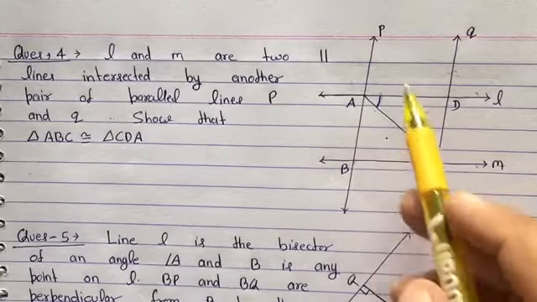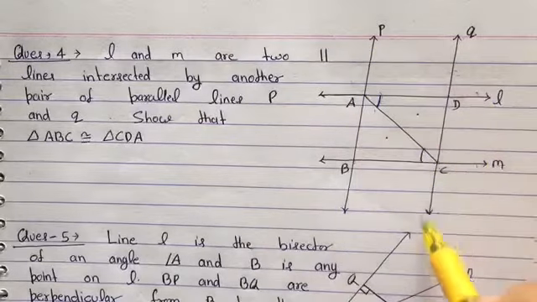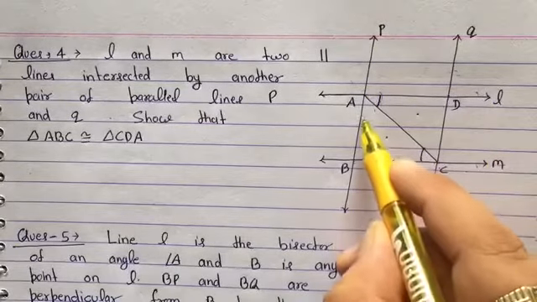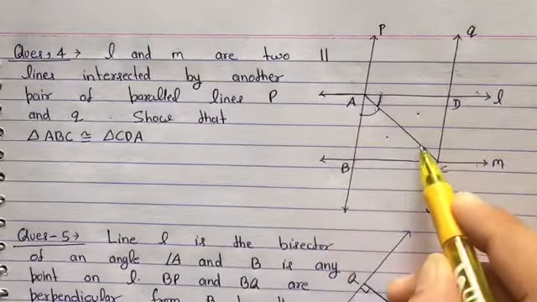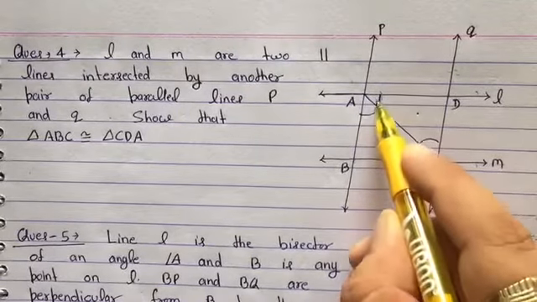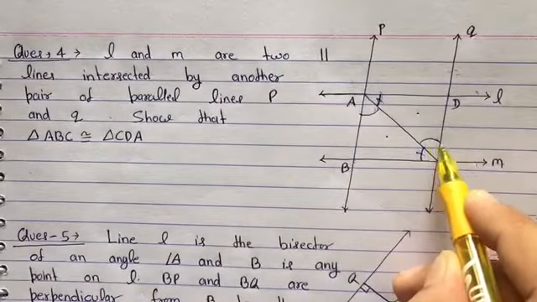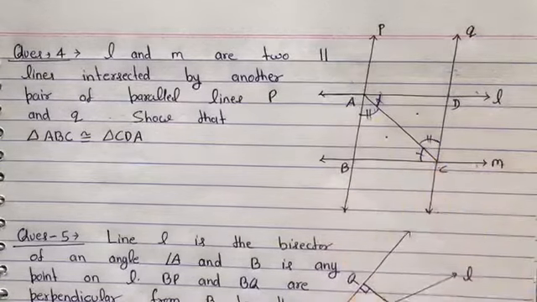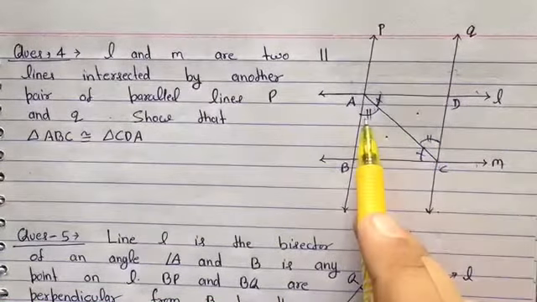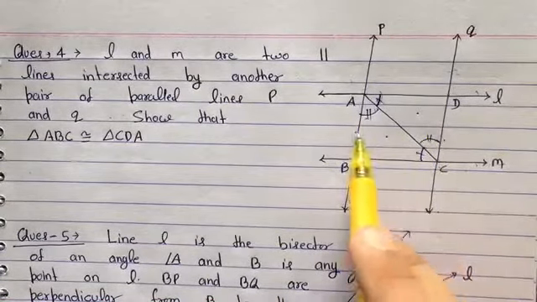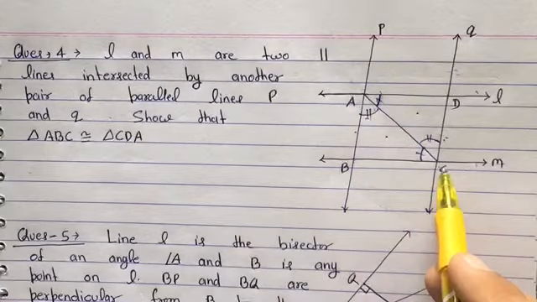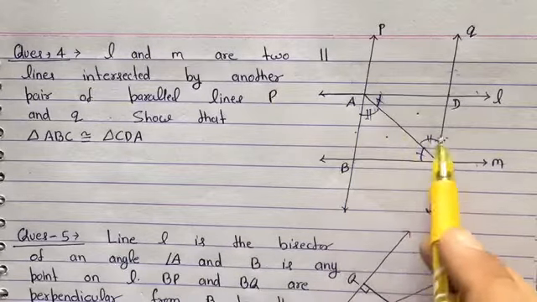As well as because P and Q are parallel, this angle is equal to this angle. Why? This is also due to the alternate interior angle. These two lines are parallel and this is a transversal, so these two angles are also equal.